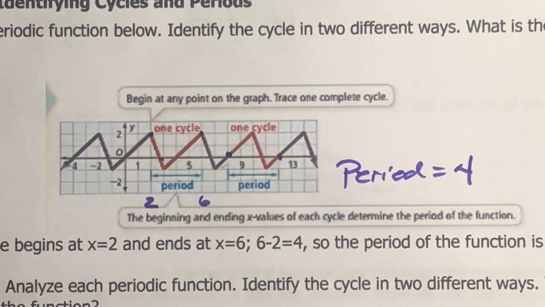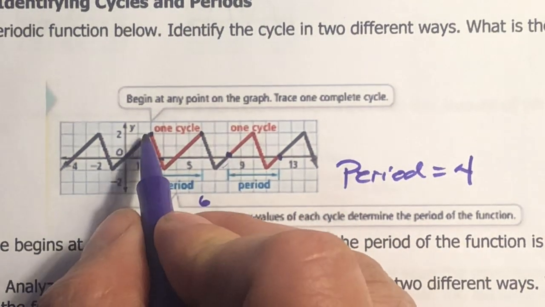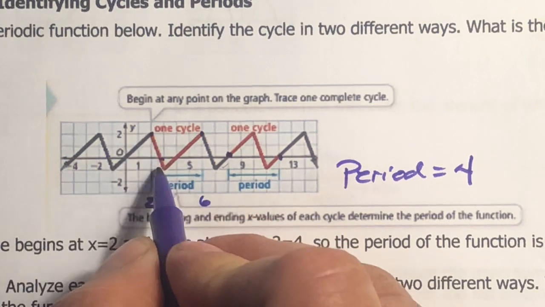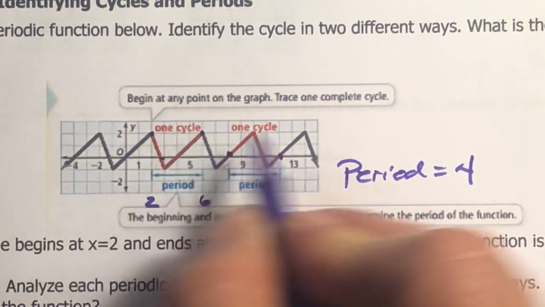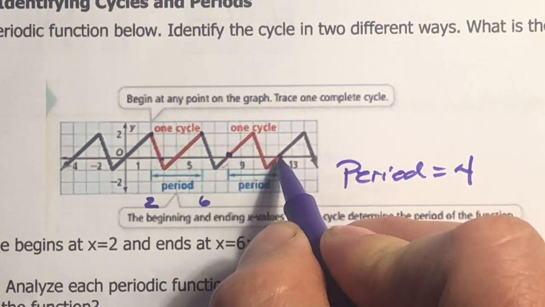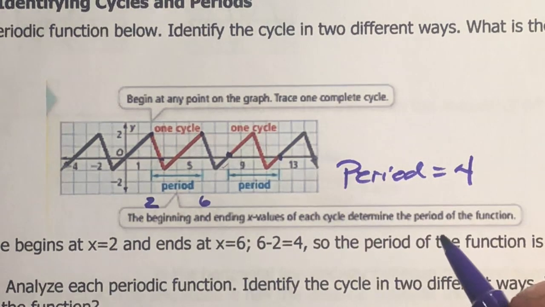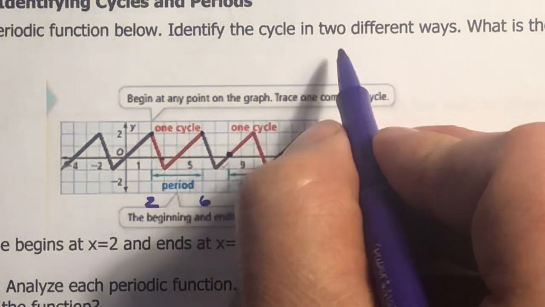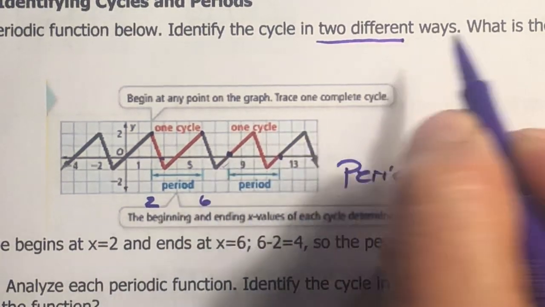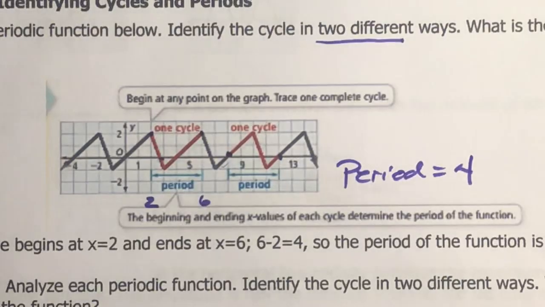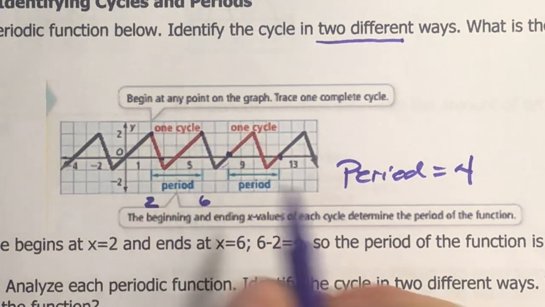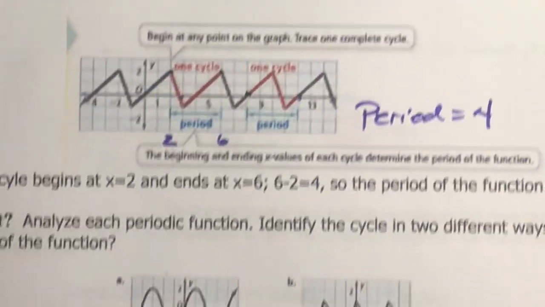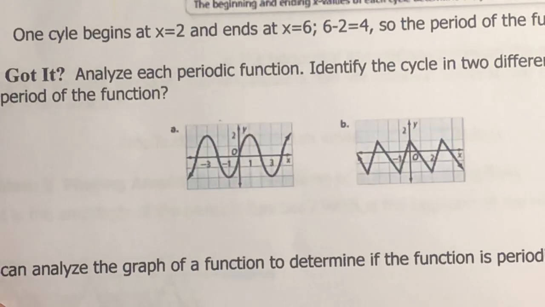The length of that cycle is still 4, but we represented the cycle in two different ways. There's one, and there's the other way. So we identified it in two different ways, and we identified what the period was. The period, again, is the length of that cycle.